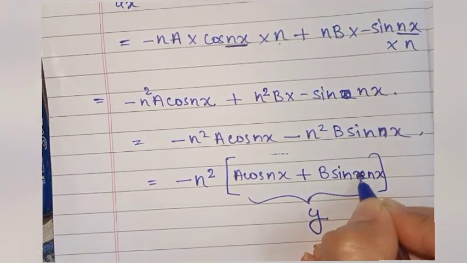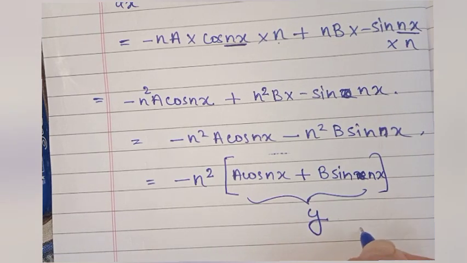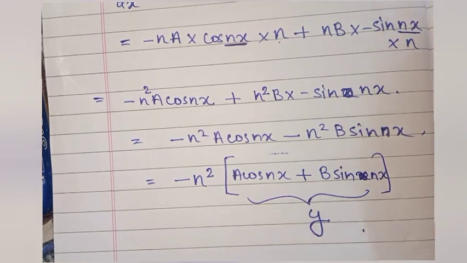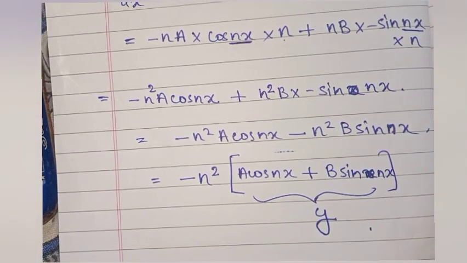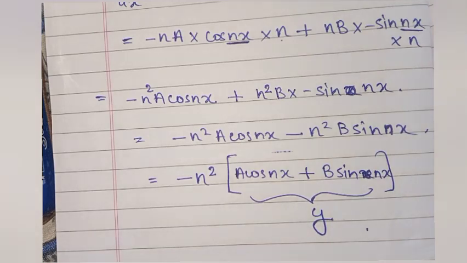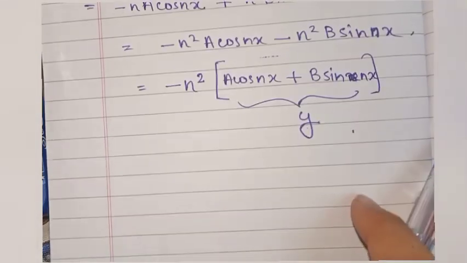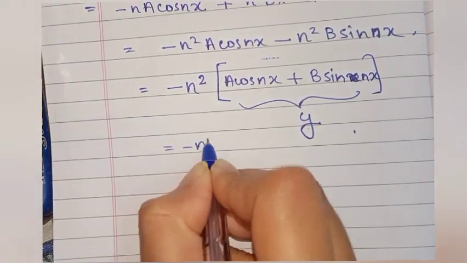This will be equal to y, which is already given in the question. In the question we are given that y is equal to a cos nx plus b sin nx, so it is y itself, so it is equal to minus n square y.